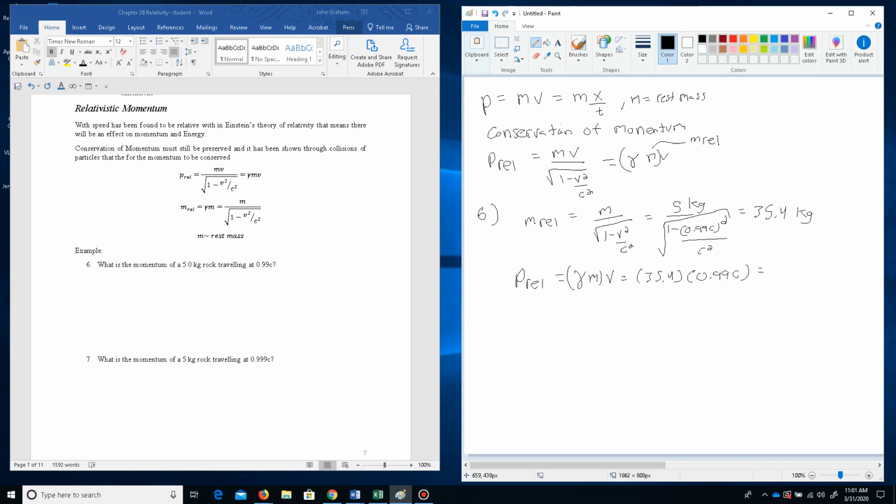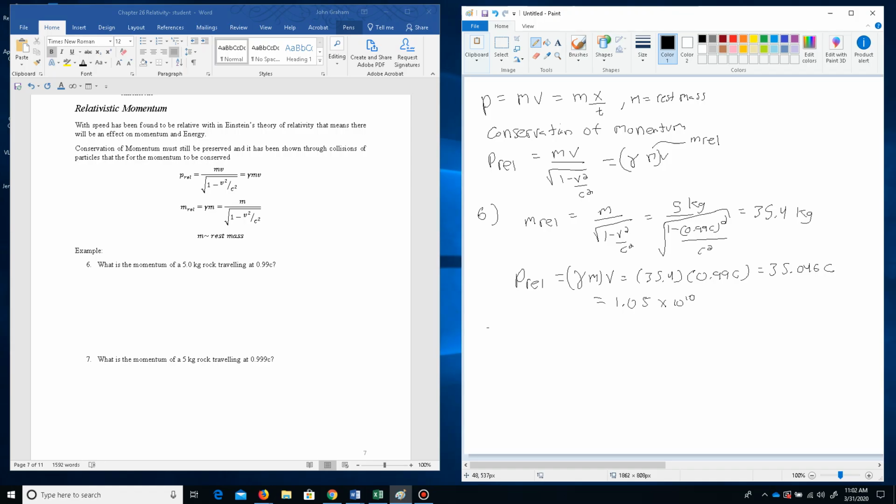So we get 35.046 c, which we can write, I'll multiply c out, as 1.05 times 10 to the 10th.